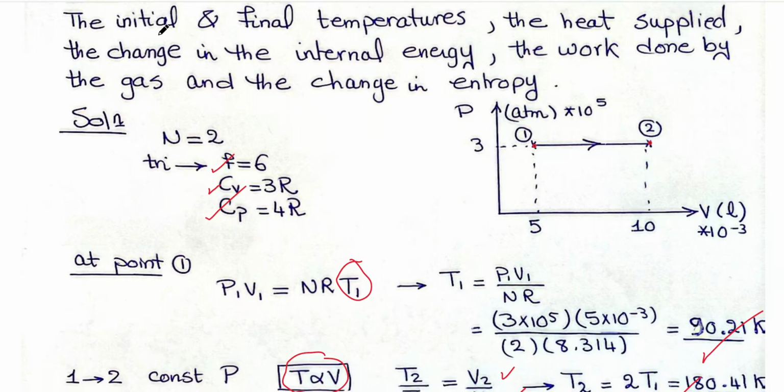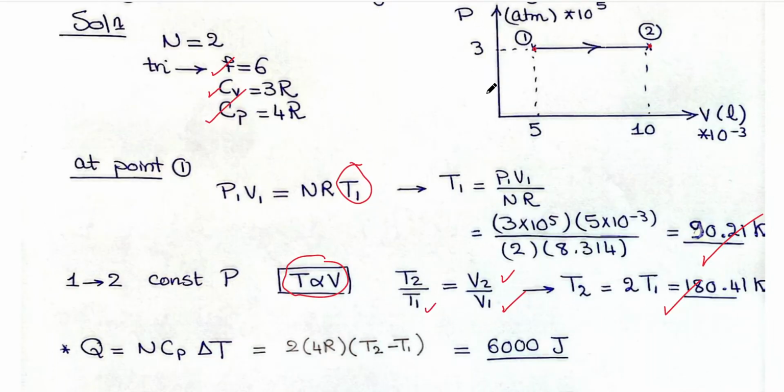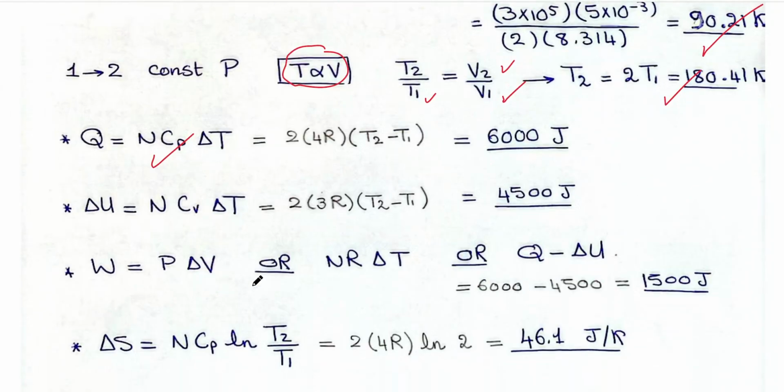After finding the initial and final temperature, I want to find the heat, the ΔU, the work, and the ΔS. The heat, this is a constant pressure process, so the heat is nCpΔT. And the ΔU is always nCvΔT, no matter the kind of the thermal process.